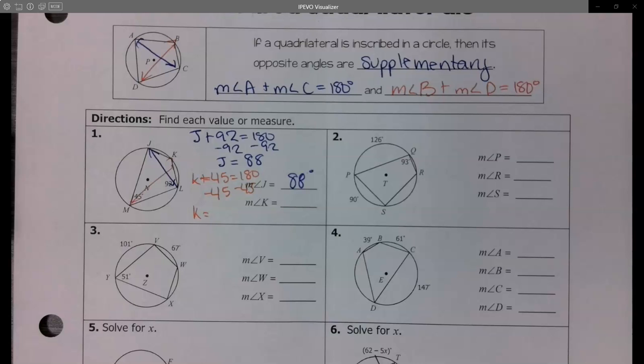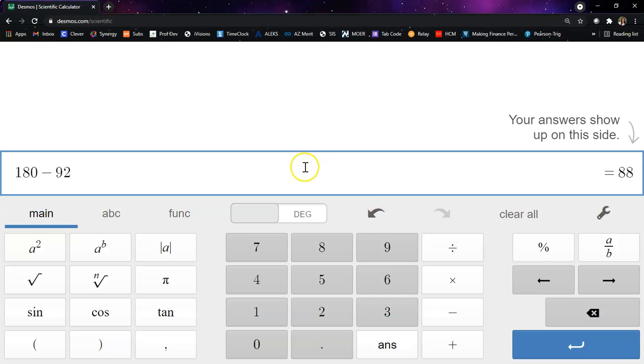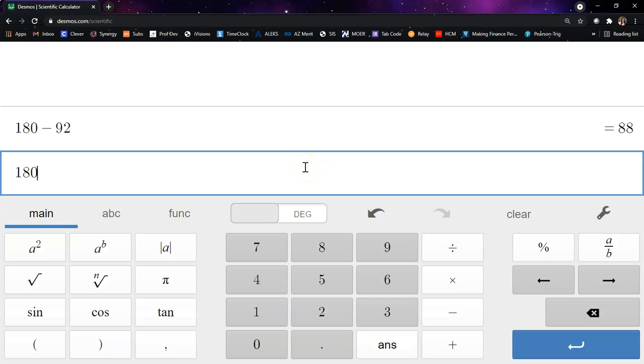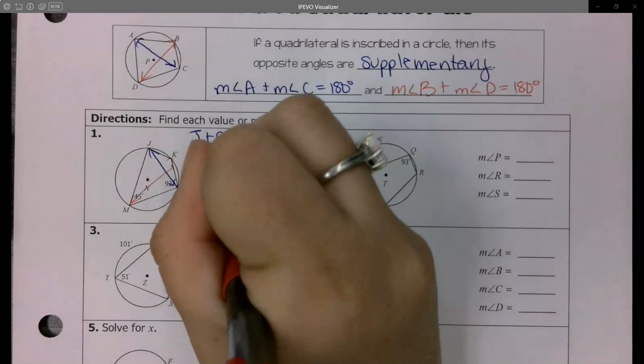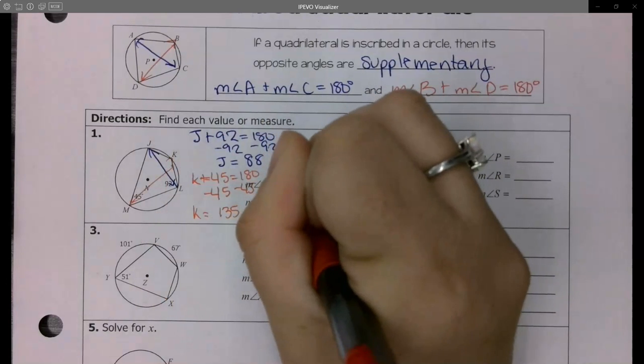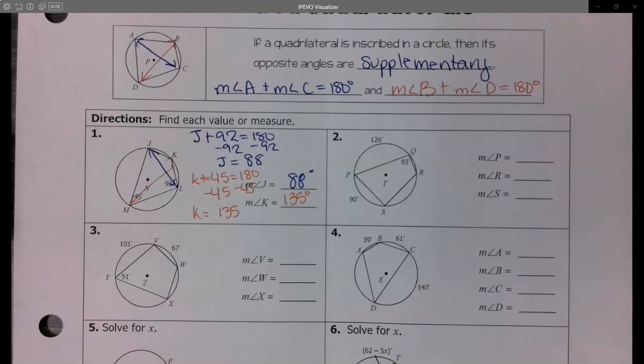So I can go to Desmos and type this in, which gets me 135. Questions on number 1?